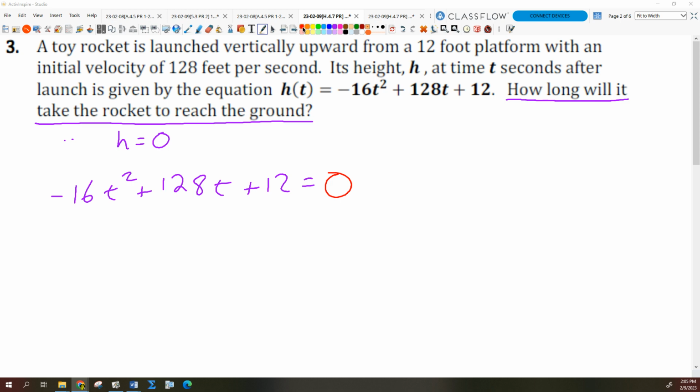How do we know 4 goes into 128? There's a quick way you can tell. Yeah, you could figure it out that way.